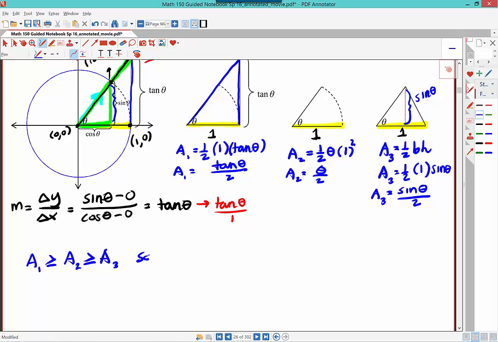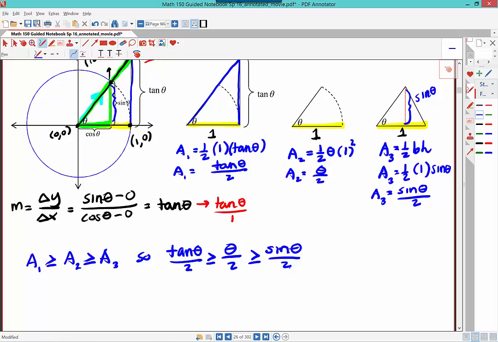Good. So what does that give us? Tangent theta over 2 has to be greater than or equal to theta over 2, which has to be greater than or equal to sine theta over 2. But we want sine theta in the middle, and we don't want it to be over 2.